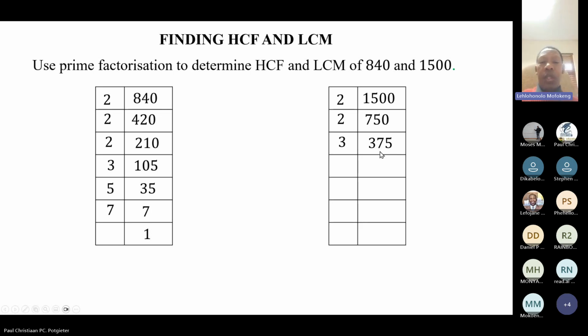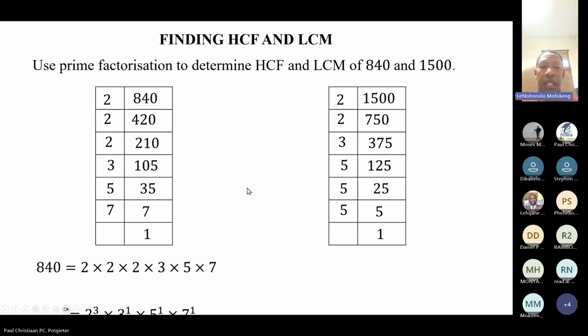Therefore, we use 3 as the next prime number. 375 divided by 3 will be 125. And then 125 is no more divisible by 3, so we use 5 as the next prime number. It will give us 25. And then 25 is divisible by 5 again. 25 divided by 5, we will get 5. And then 5 divided by 5, we will get 1.